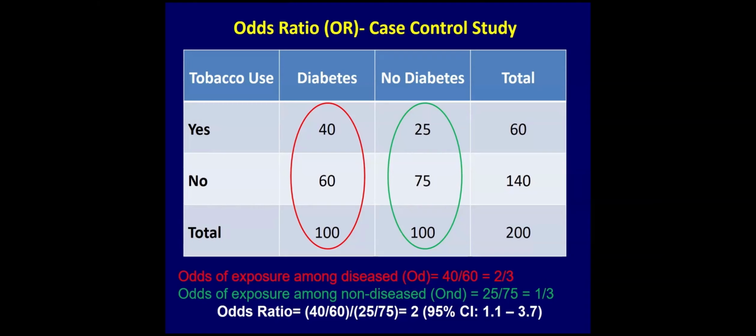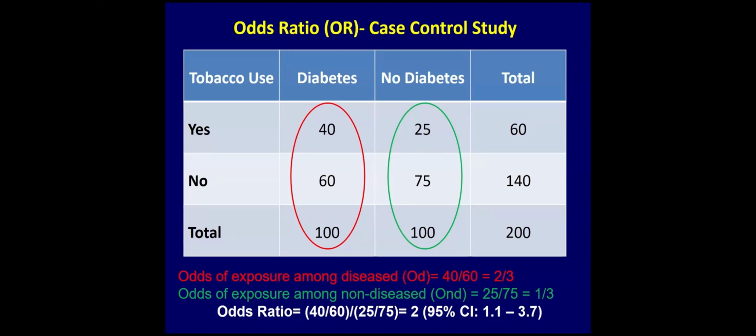It would be exactly 1. Okay. But what we have here, the odds of exposure is higher in diseased when compared to non-diseased. How big is this? 2 times in sample. And I'm 95% confident that in the population of diabetes, the odds of exposure to tobacco may be 1.1 times to 3.7 times higher when compared to those who are non-diabetic.